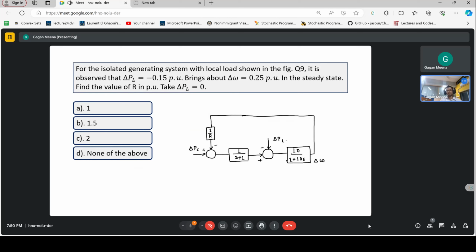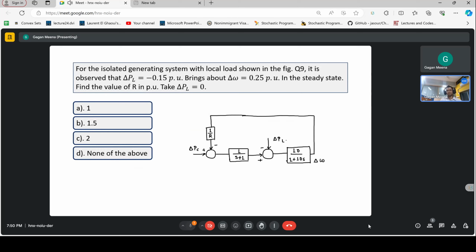This is delta omega. So here delta omega by R, delta PC minus delta omega by R multiplied by 1 plus S, minus delta PL, whole multiplied by 10S plus 1. This is delta omega. From here you have to find out delta omega.